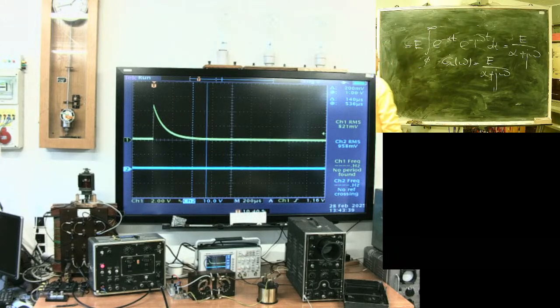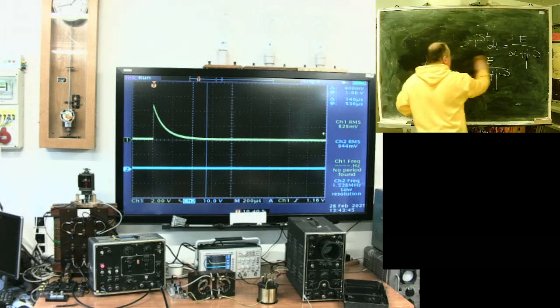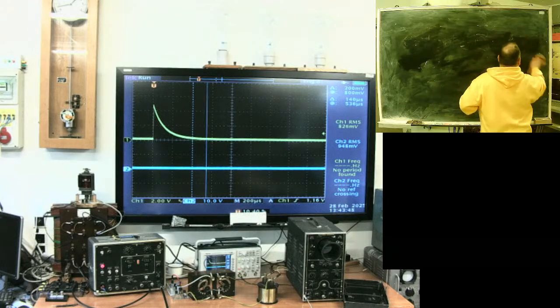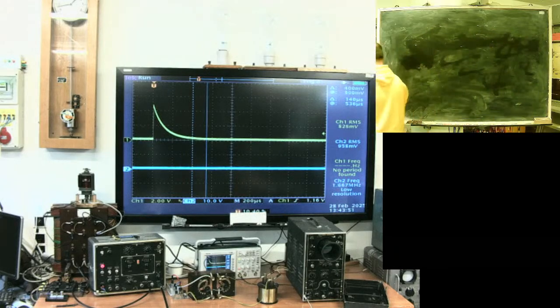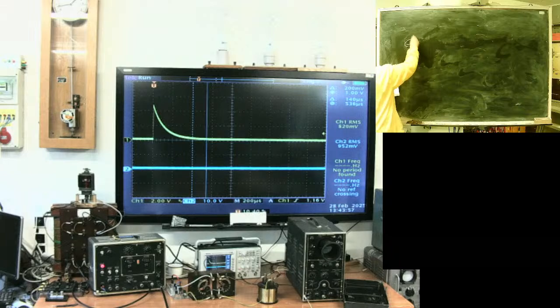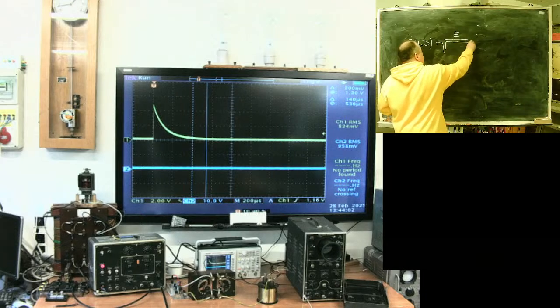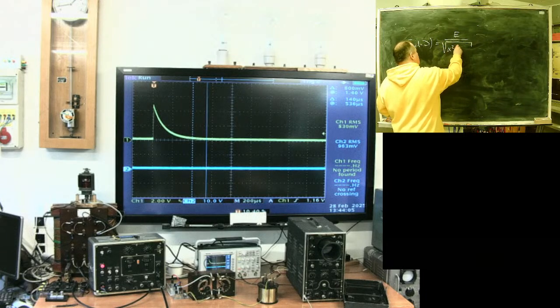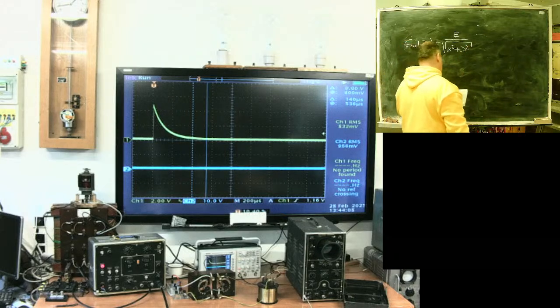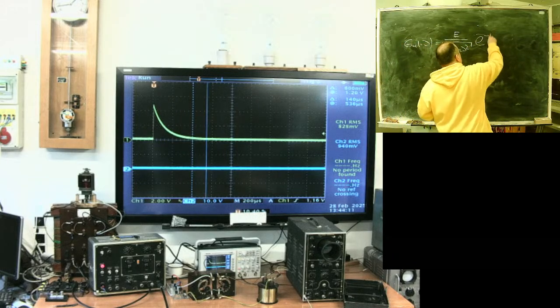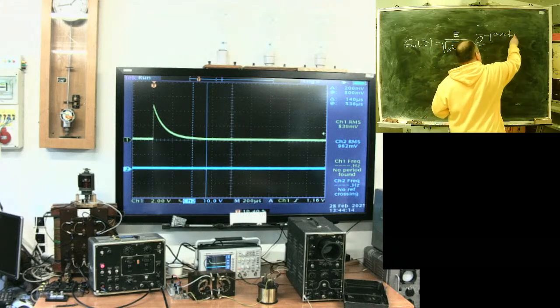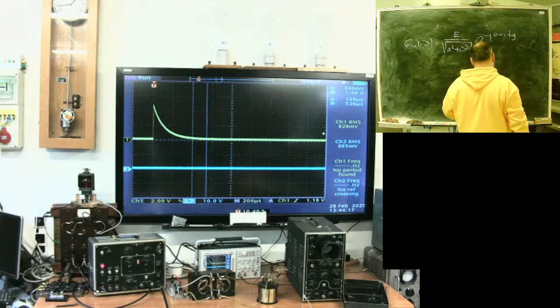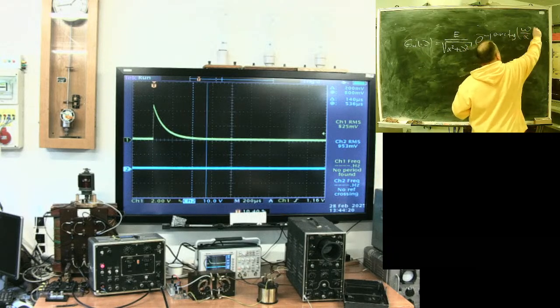Here is the spectral function. So the spectral function for my signal is E divided by alpha plus j omega. To make it easier, I can represent it as a magnitude and angle. The magnitude will be E divided by the square root of alpha squared plus omega squared, e to the power minus j arctangent of omega divided by alpha.